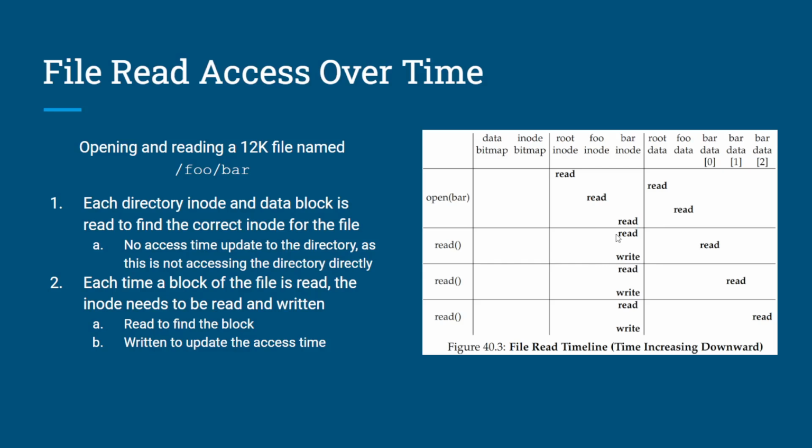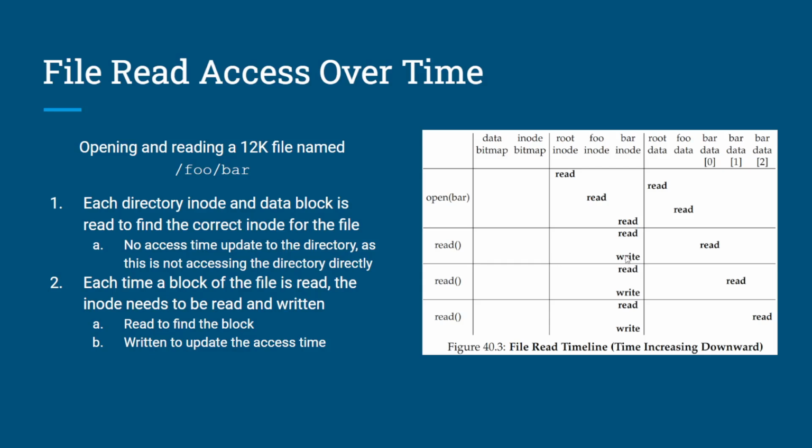When we read the first 4K, it reads the bar inode to find out where the block is that needs to be read, then reads that block. It then writes to the bar inode. It's writing to the bar inode because we just accessed this file.